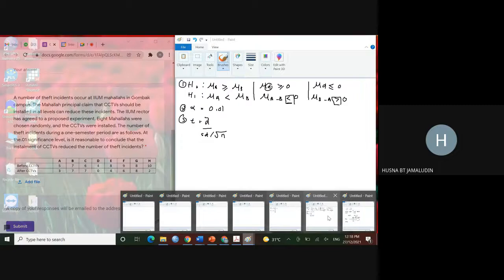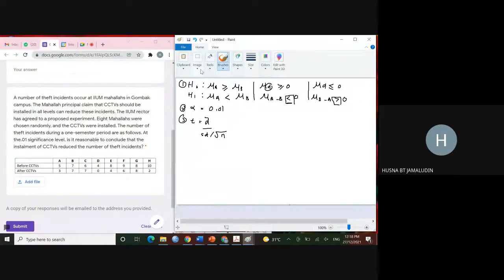If let's say this is your H1, you are looking at after minus before. You are saying that the mu of after is lesser than before. So after is your first observation. You want to look at the after, so you have to take the value of after minus before.